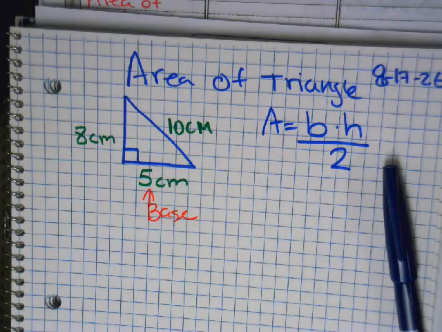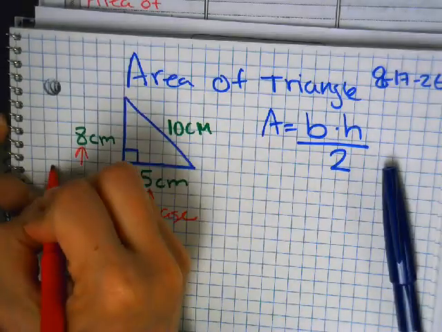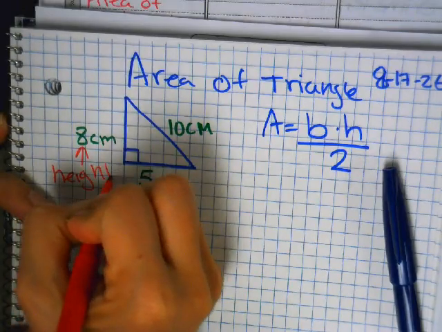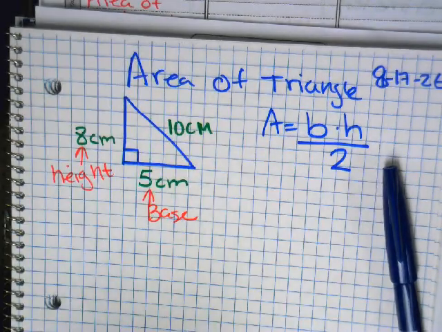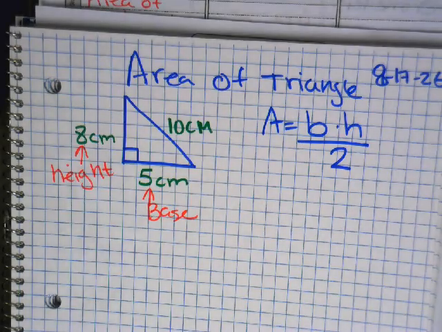Why can't I use 10 as my height? It's slanted. Remember Miss Amelia was dying over there? So this is my height. All right. So why did I write the 10? Yes. Exactly. And we're going to do it for perimeter. But yes. So here we go.